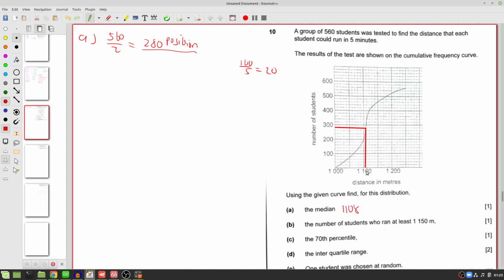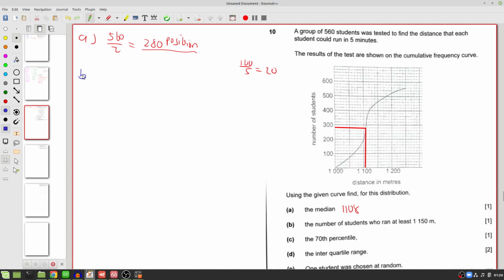It looks like it's just a little bit below that 1110, or 1105, somewhere there. As long as they can see what you drew, if your answer looks roughly right, that's fine. They're not going to mark 1109 correct and mark 1108 wrong. There will be a range that they'll mark right. Alright, so that was question A.